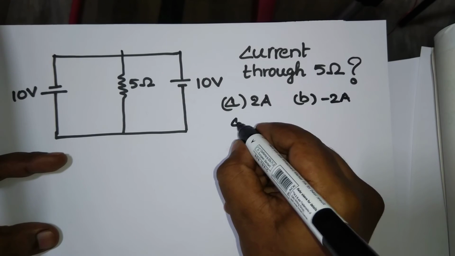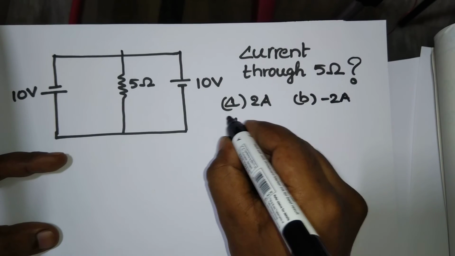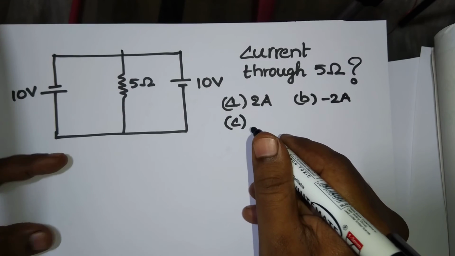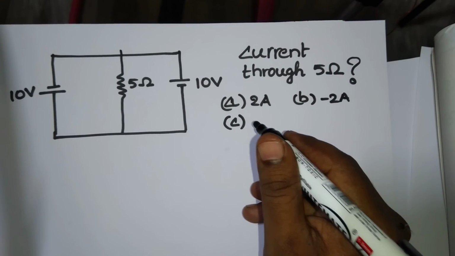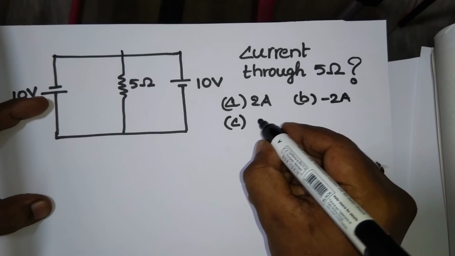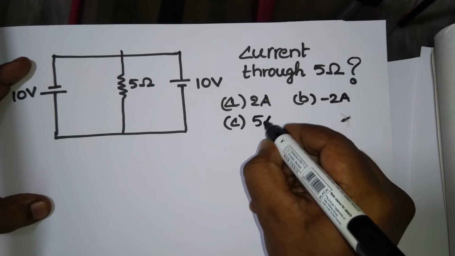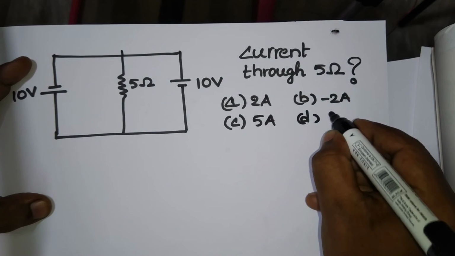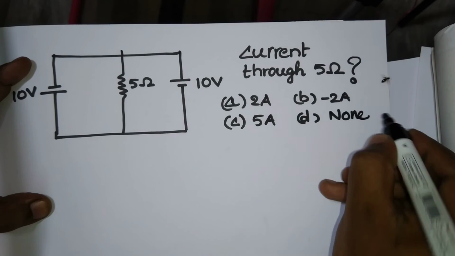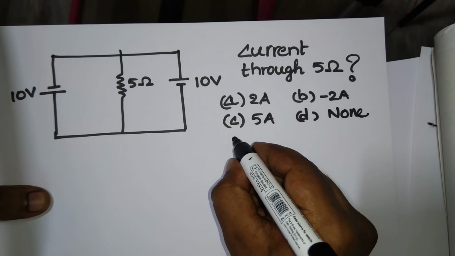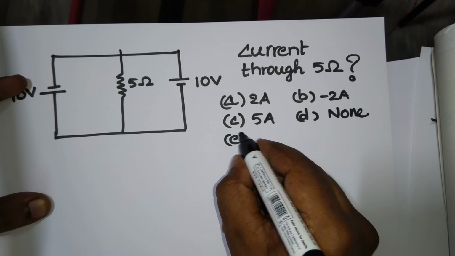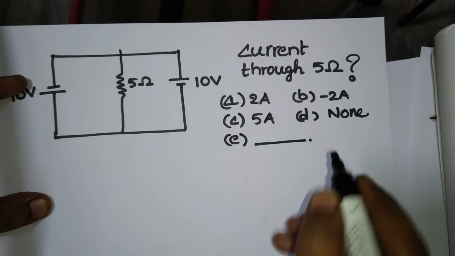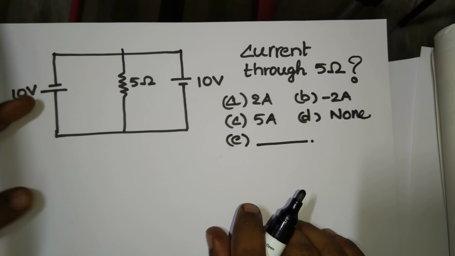There is again a discrepancy between positive 2 and negative 2; it depends upon the direction of current we choose. C is say 5 amperes, and E is none. Sometimes we must have the guts to choose option E.